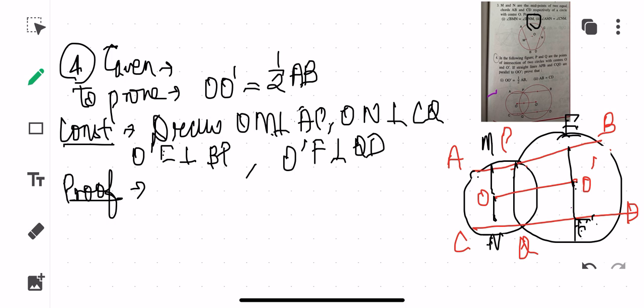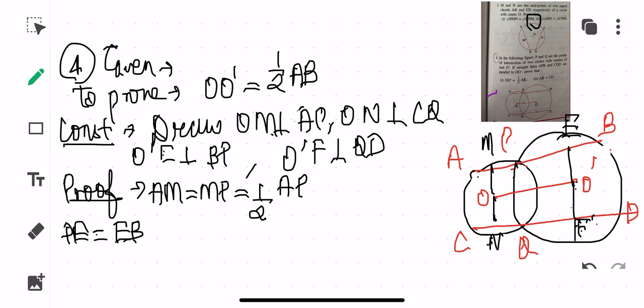So you will be writing that AM is equal to MP is equal to half AP. Similarly, what else can be written, children, that PE is equal to EB is equal to half BP.